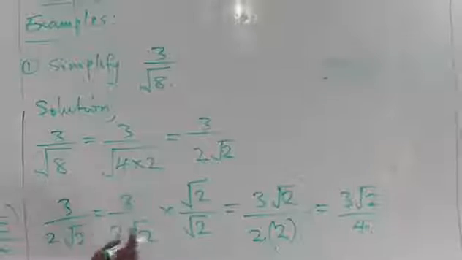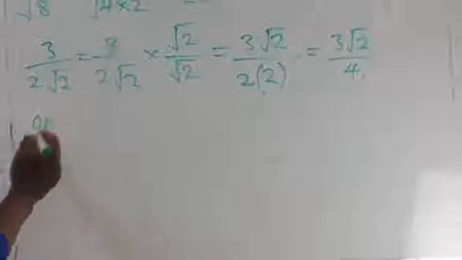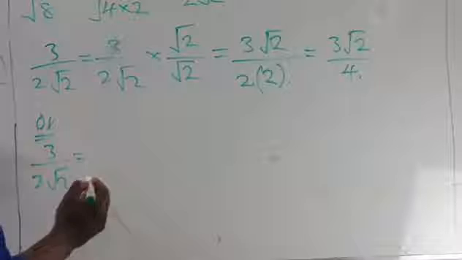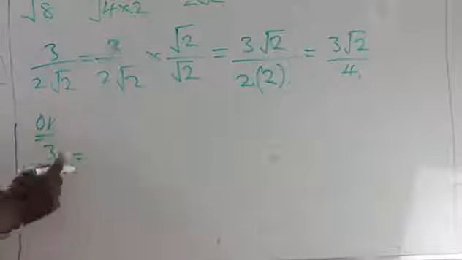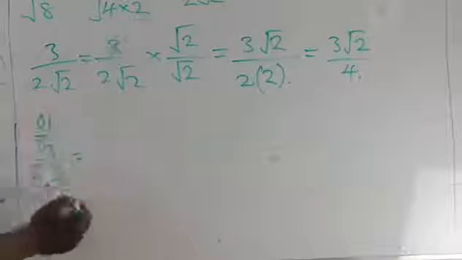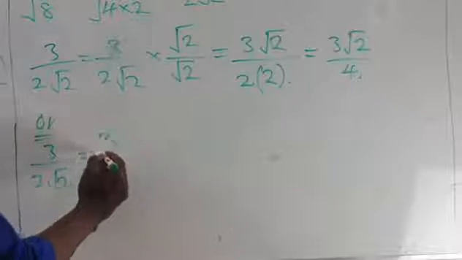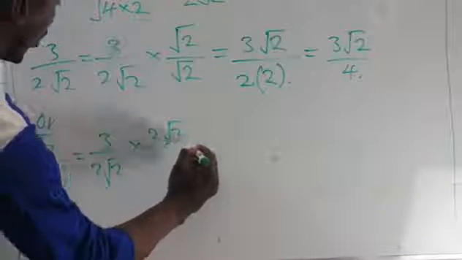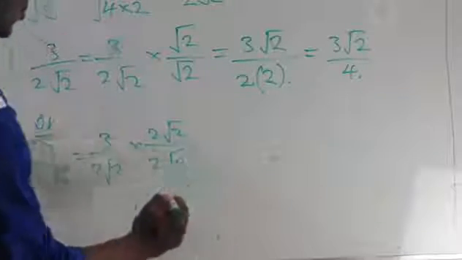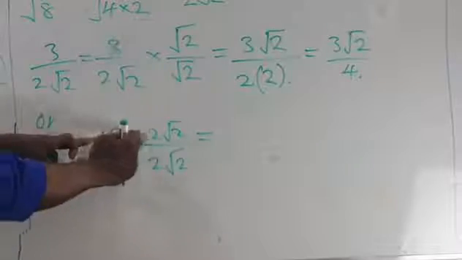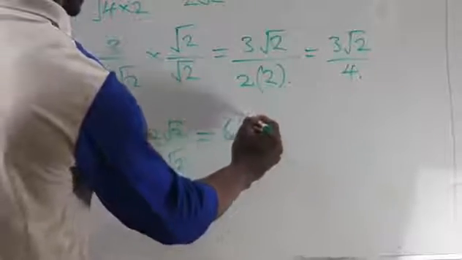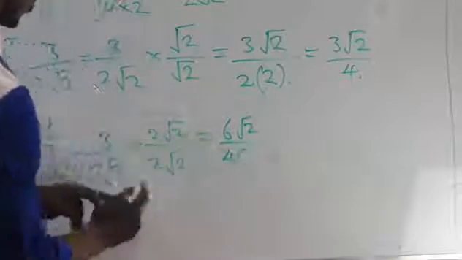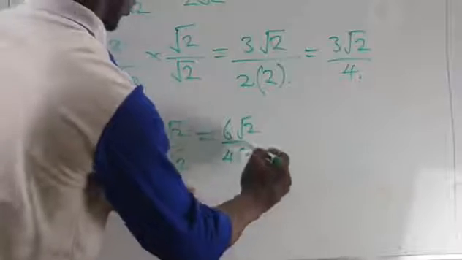Or you can use the second method, which is 3 all over 2 root 2. You rationalize both numerator and denominator by the whole denominator. So it's going to be 3 all over 2 root 2 multiplied by 2 root 2 all over 2 root 2. So 3 multiplied by 2 gives us 6 root 2, all over 2 multiplied by 2, that is 4, and 2 root 2 multiplied by root 2 is ordinary 2.